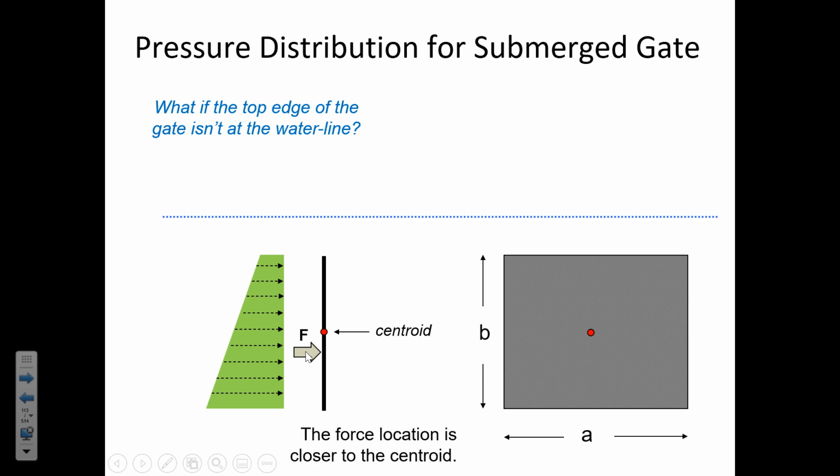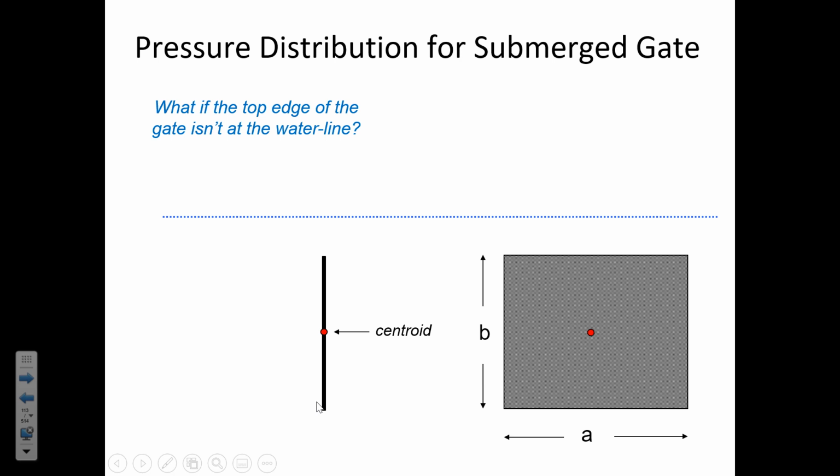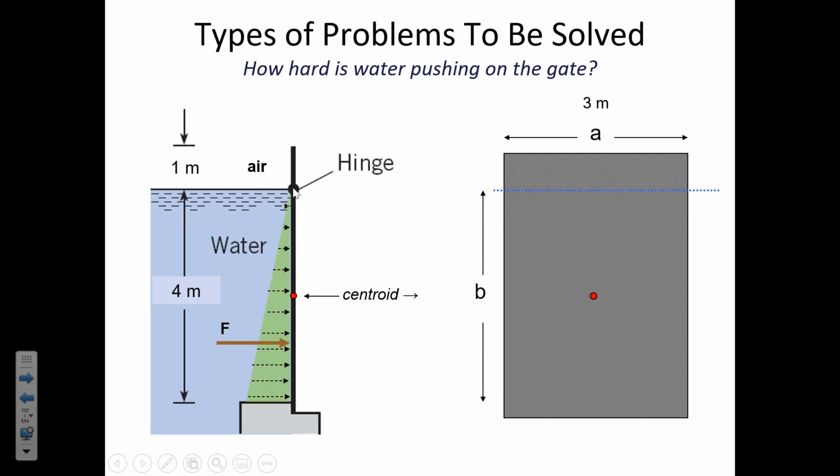What happens when you start to submerge this gate is the location of the force starts to get closer to the centroid. If you submerge it really deep, like 100 meters under the surface, then that force location is very close to the centroid, because on a relative basis there's not as much difference in pressure between the top side of the gate and the bottom side of the gate. In this case, the top of the gate and the bottom of the gate have a very different pressure.